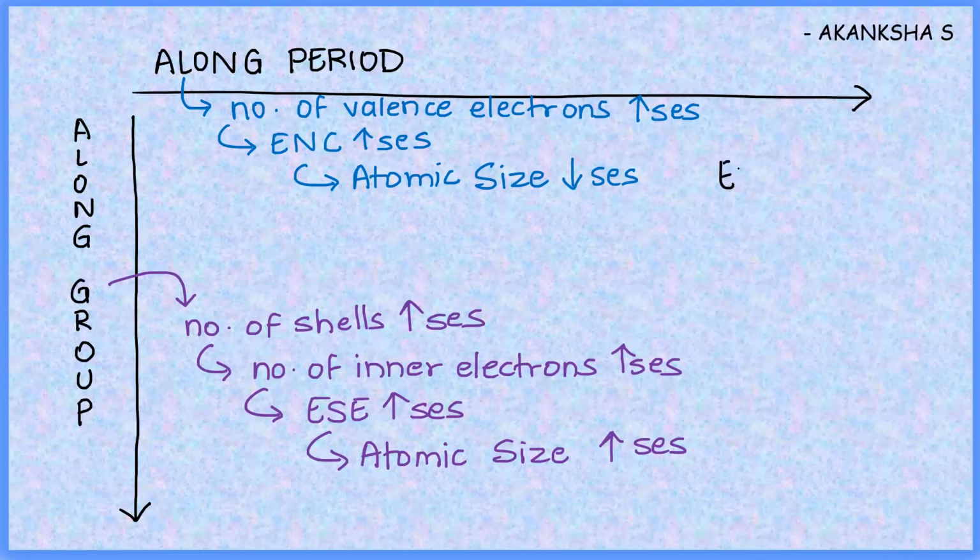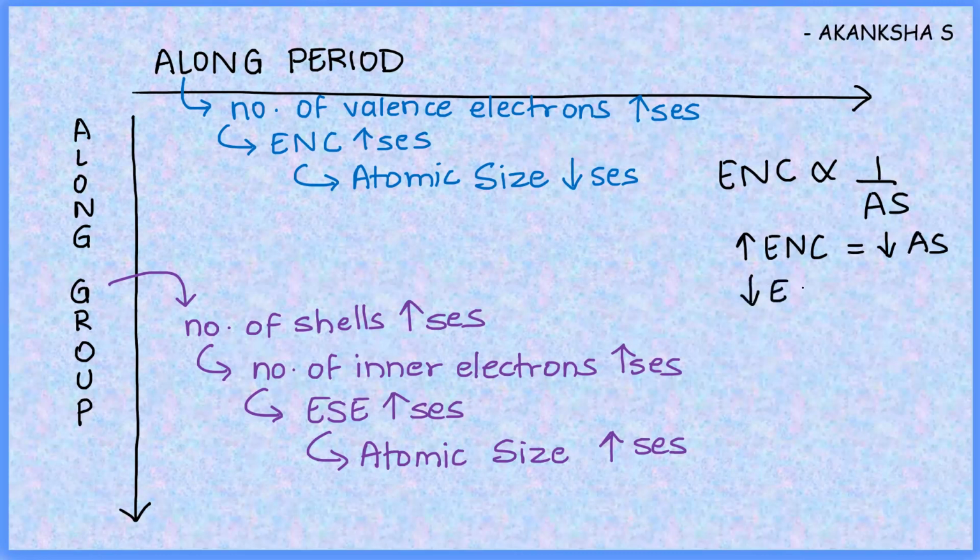ENC is inversely proportional to the atomic size. So whenever there is more ENC, the atomic size is bound to be smaller. Whenever there is less ENC, meaning valence electrons are less, the pull experienced is less, and that time the atomic size would be bigger.